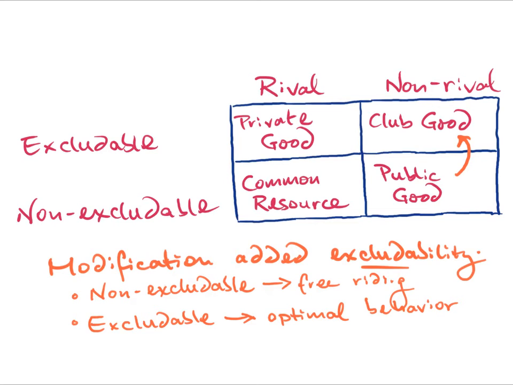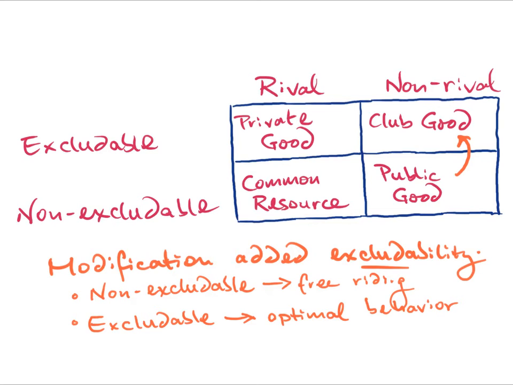So now think of a group project for a class with other students. Imagine if students in the group were permitted to exclude someone from receiving the group grade if that person is a free rider. Then, instead of each person wanting to be a free rider, each person will want to contribute as much as they can to the common good.